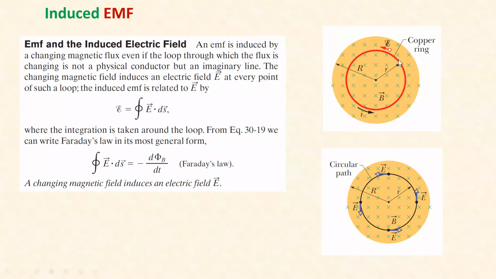So we have motional EMF. What does that mean? It means that if you have a rod and it moves in a magnetic field, this is a magnetic field into the page, see, it crosses. This is the magnetic field in this region, and this rod is perpendicular to the magnetic field, moving this way.